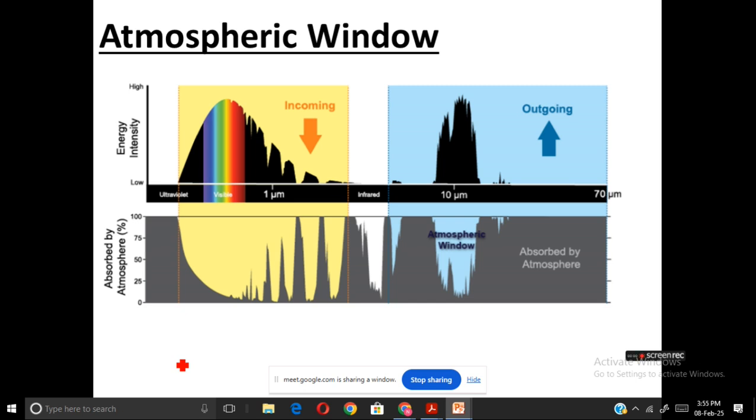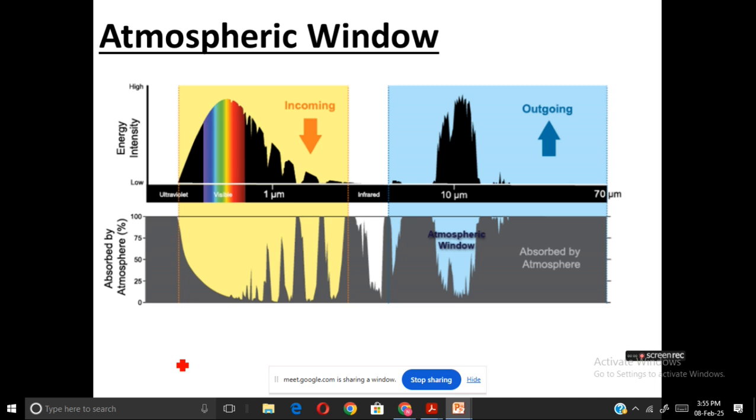As I said, not all wavelengths of the electromagnetic spectrum from the sun reach the Earth, and not all wavelengths emitted by the Earth reach into space. So as the incoming solar radiation is coming, the atmosphere absorbs some of this energy while allowing other energy to pass through.